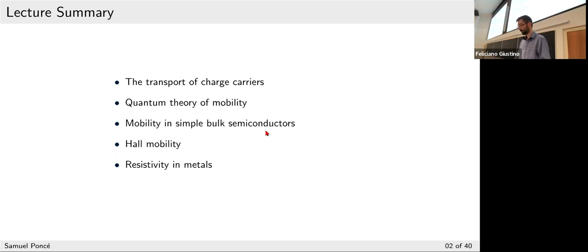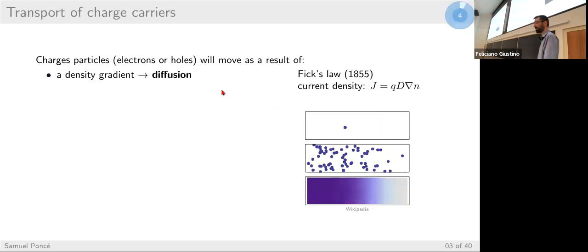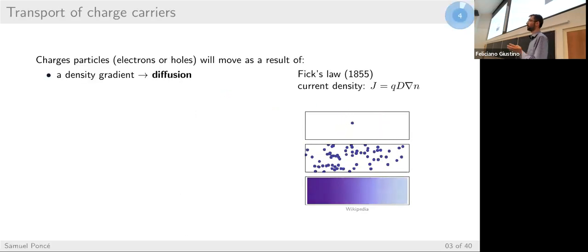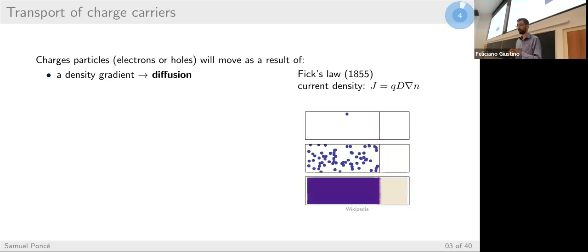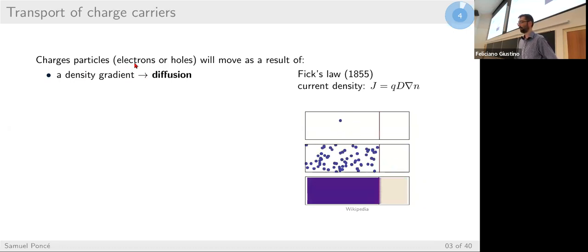Okay. So basically, like I said, there are different ways in which charge can propagate in materials. You can have a density gradient, in which case the particles will just move. That's Fick's law, and this is called diffusion. So that's one way for charge. When I talk about charged particles, I will refer to the electrons or the holes.